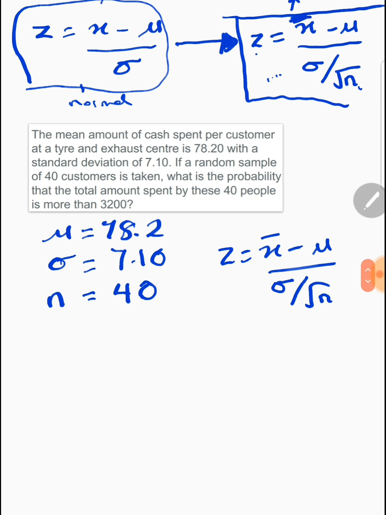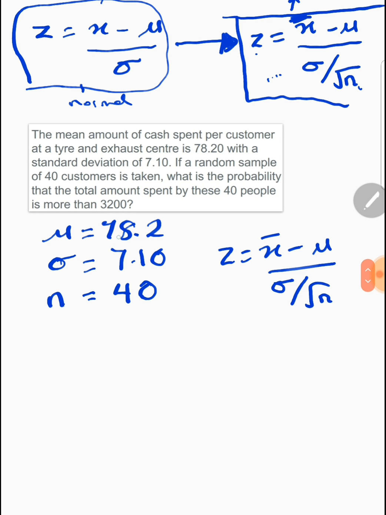But now you see that over here, you want to get the probability that the total amount spent is more than 3,200. So you want to be very clear with what they actually give you.